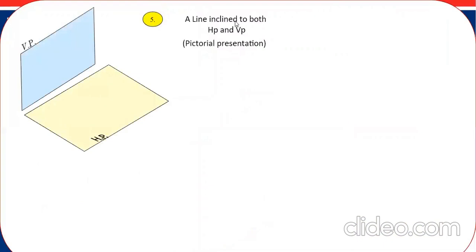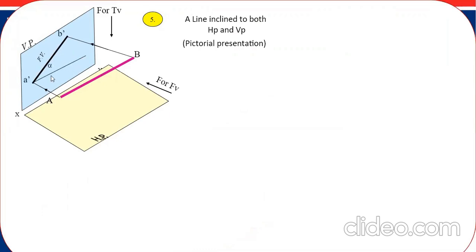Now fifth, a line inclined to both HP and VP. Its pictorial presentation is this, the line inclined with both HP and VP. Now here, this is the front view on the VP, vertical plane, and top view here having some inclination. In the top view you can see inclinations with the horizontal plane and with the vertical plane.